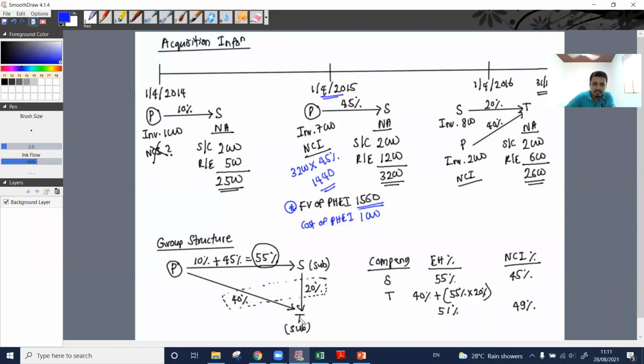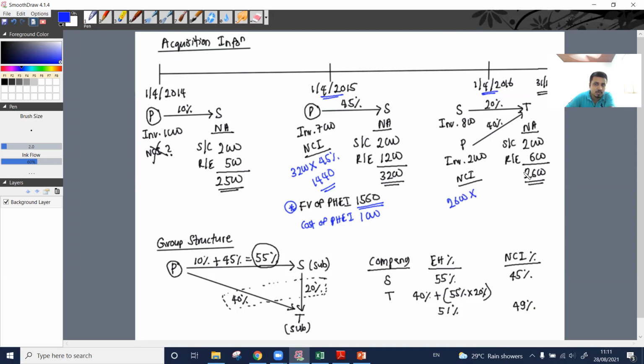T is also a subsidiary for us, and it has become a subsidiary on this particular date. So as at the date of acquisition, what is the NCI value? There were total net assets of T Limited worth 2,600.